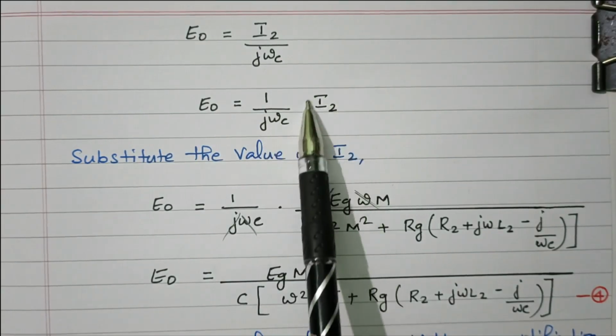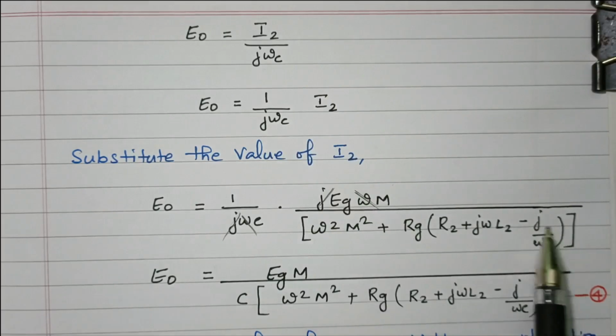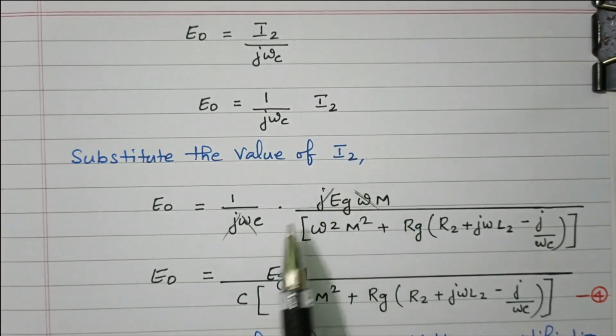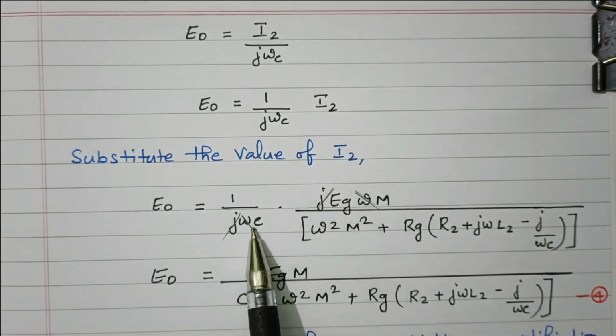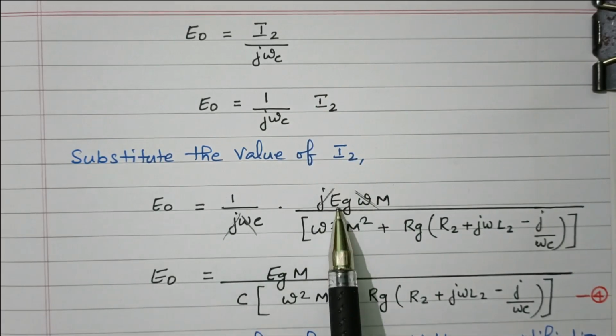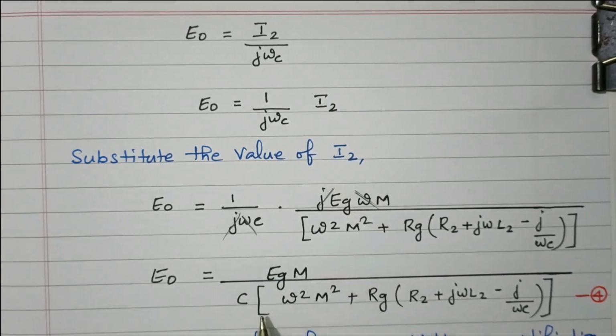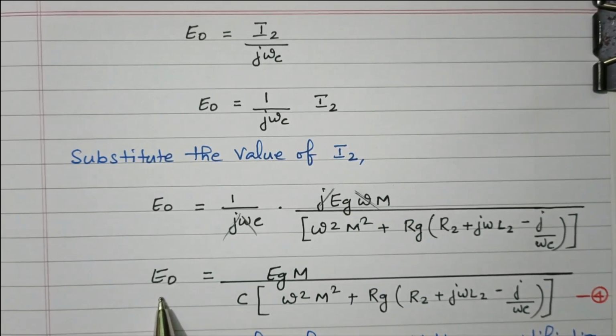Now we substitute the value of I2 here. In that, j and omega get cancelled, so we have Eg into M divided by this C, and the remaining terms. Take this as equation number 4.